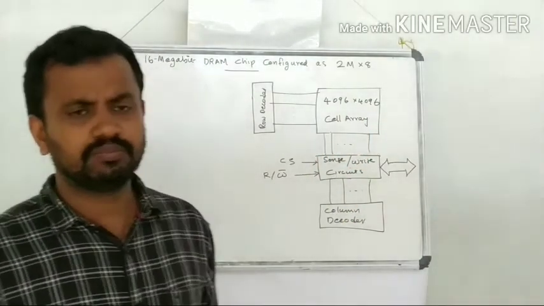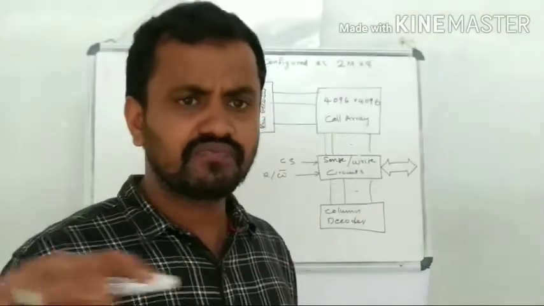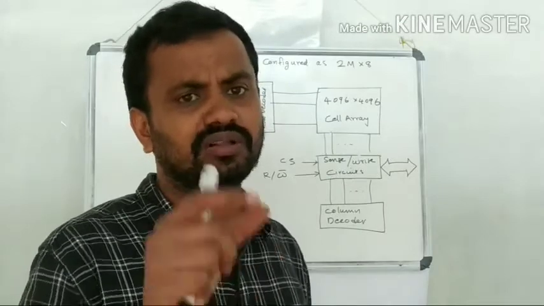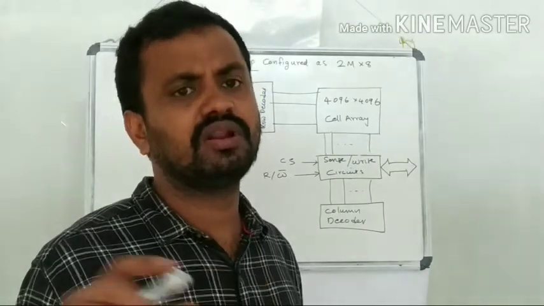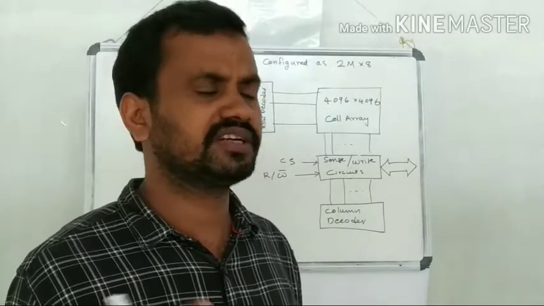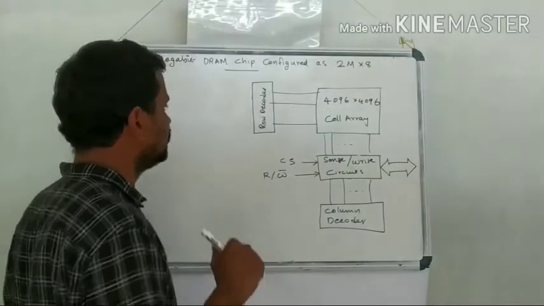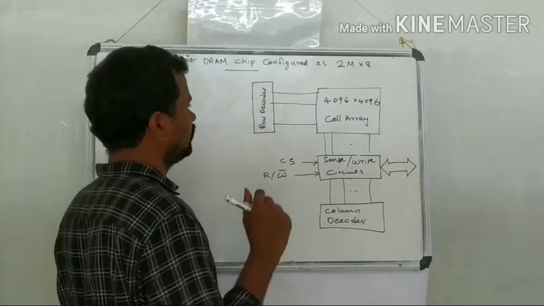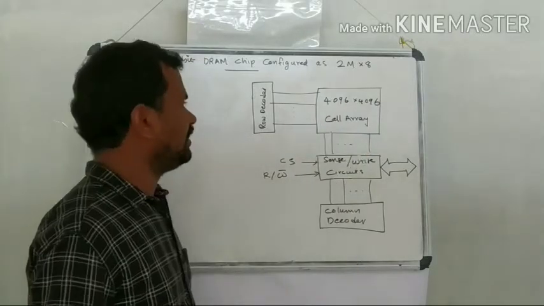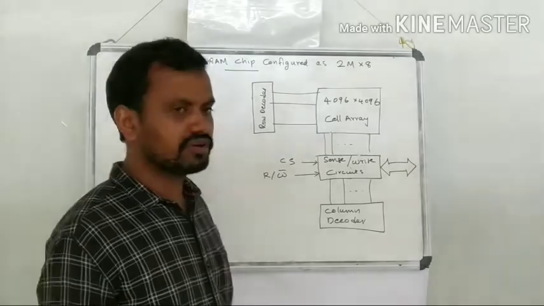In the case of chip development, the number of word lines and the number of bit lines must be equal or nearly equal, because that will improve performance during the manufacturing of the chip. So we have arranged this cell array as 4096 x 4096.